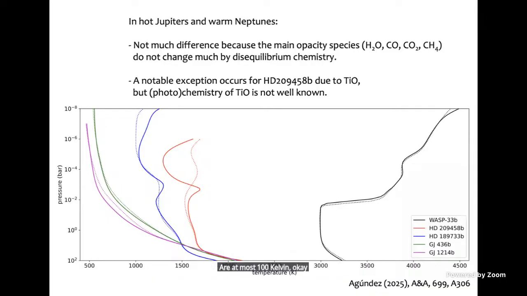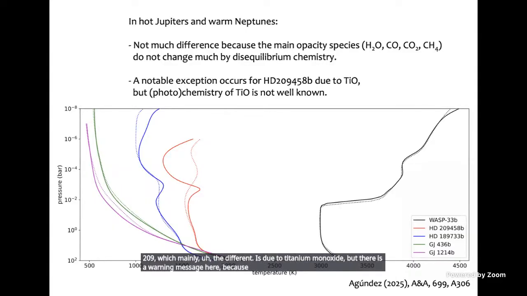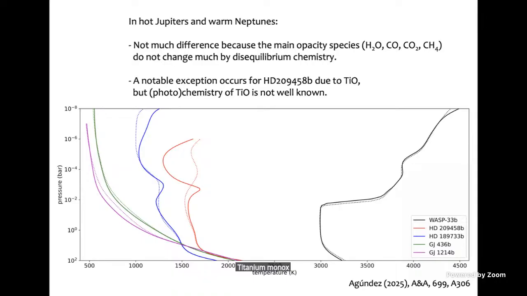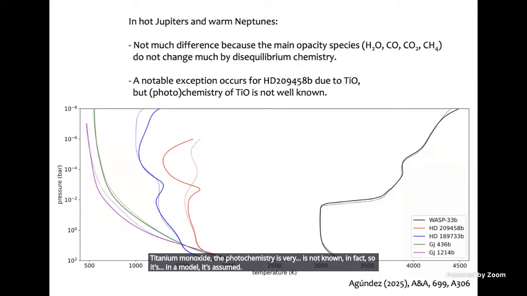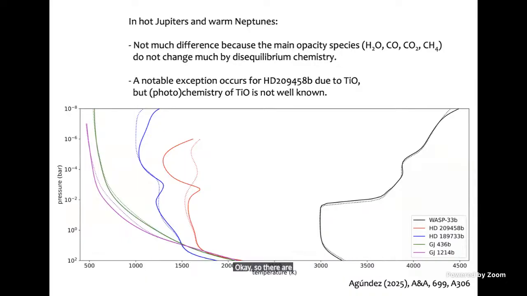Instead, in the case of HD 209, the difference is mainly due to titanium monoxide. But there is a warning: the abundance of titanium monoxide is very different between chemical equilibrium and disequilibrium, but its photochemistry is not known, so it is assumed in the model. There are big uncertainties concerning that.